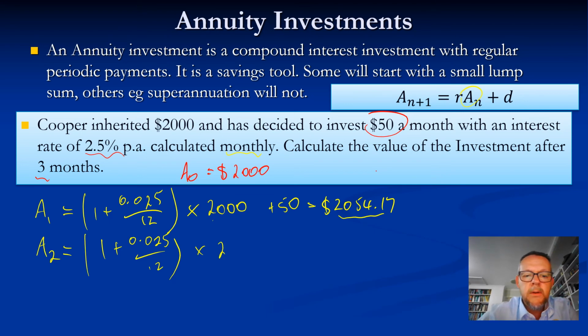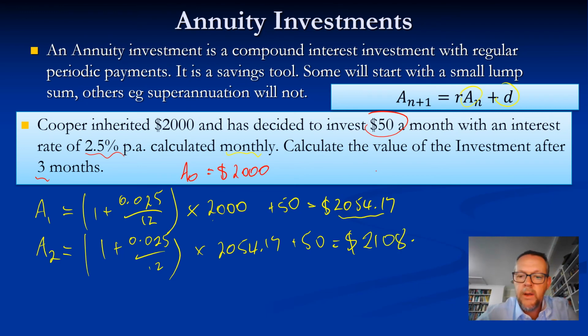So it's just 2,054.17, and then we have to add on that D for the deposit there, and that's going to be $2,108.40 at the end of the second month. He's put in an extra $100. He's earned a huge $8.40. That's a hamburger at Macca's, isn't it? Extra interest. Nearly.